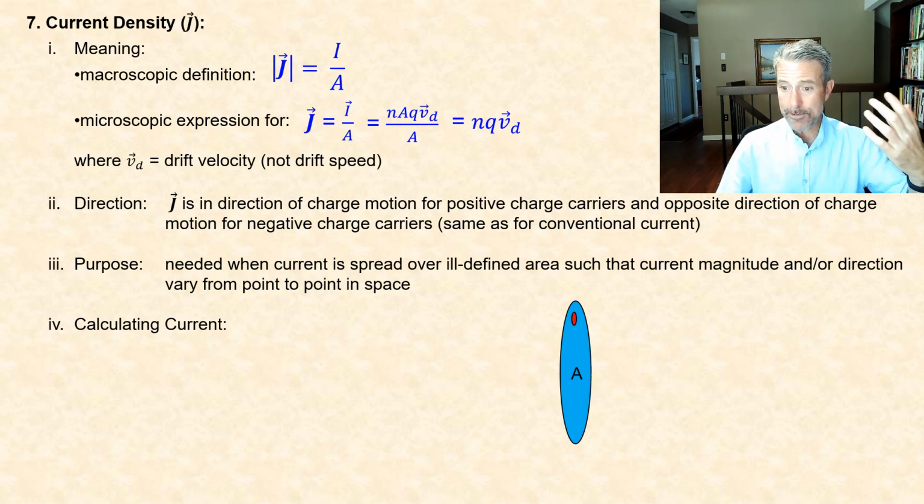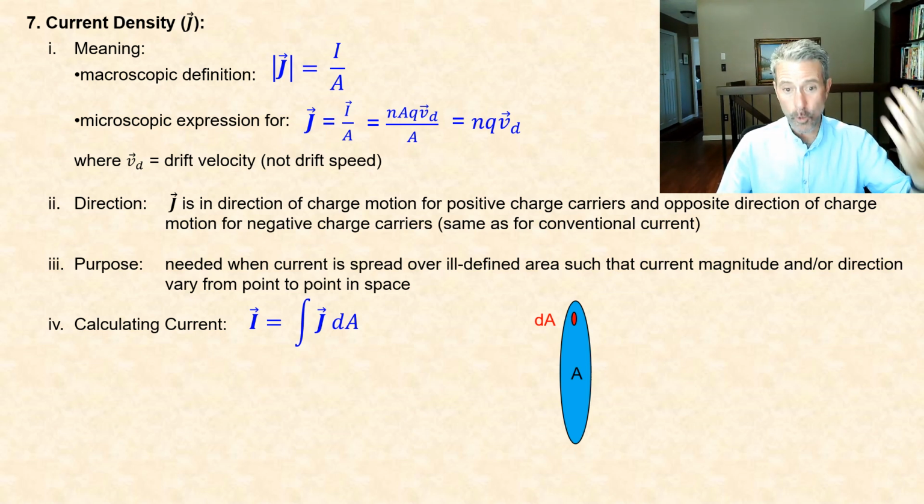What do we have to do? We have to look at a small enough piece of that cross-section, an infinitesimally small piece, one so small, what I'm showing you in red here, having an area dA, that we can consider the current to be constant over that very small cross-section. In that case, the current over that very small cross-section is just J times the cross-sectional area dA.